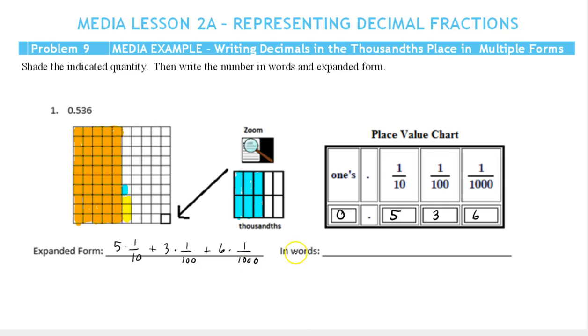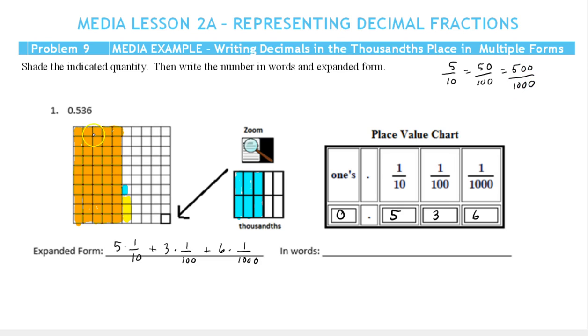Now, we talked in the last video about writing this in words, but I just want to show you another way to think about this. We said that 5 tenths is the same as 50 hundredths, which is the same as 500 thousandths.